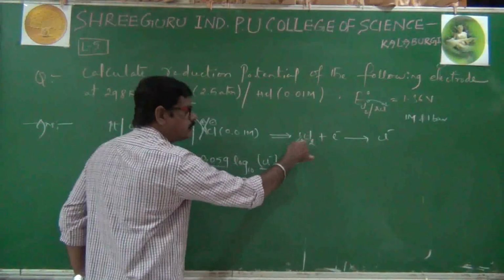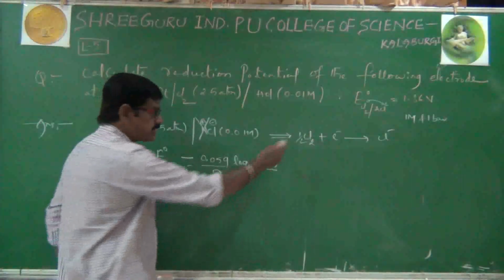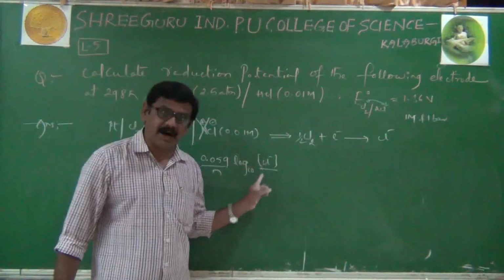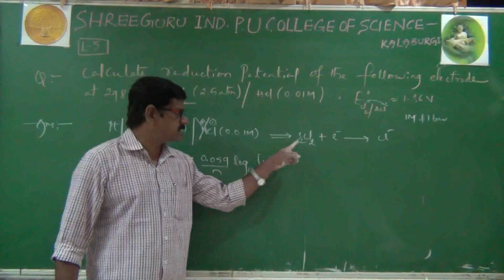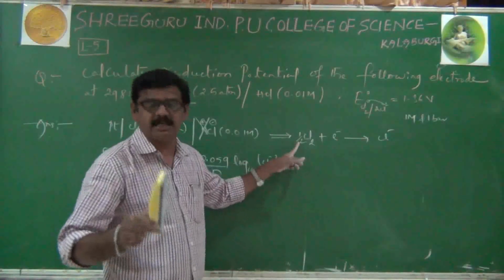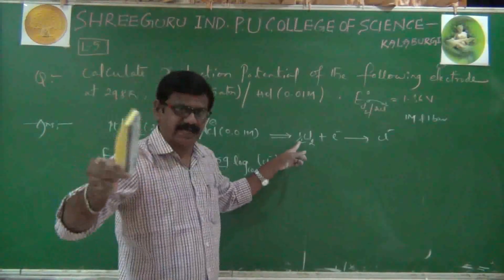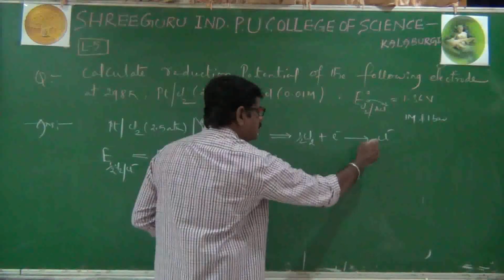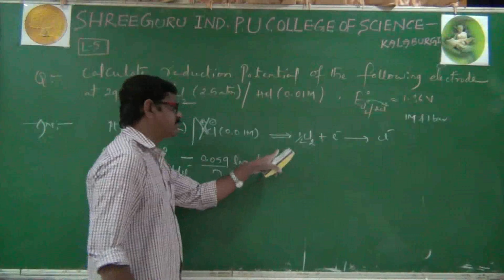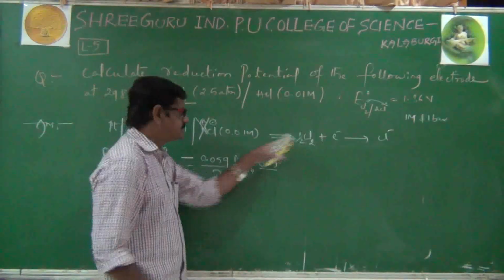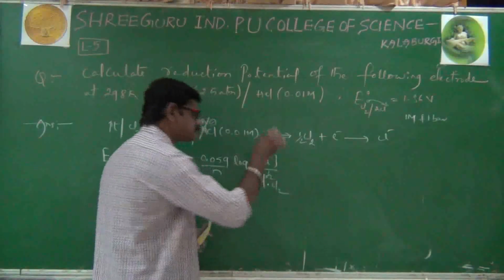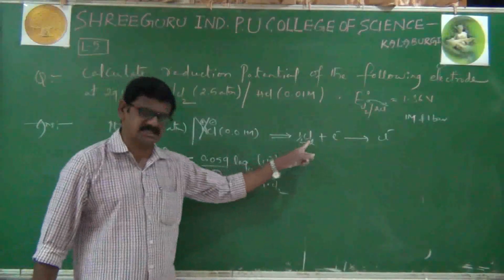Here half mole of Cl2 is there. Half mole Cl2. That's why remember, it may be concentration term or pressure term. Whatever the stoichiometric coefficient is there, that coefficient we have to write as its power. Here no any coefficient term, that's why simply we have taken 1. Here half is there, that's why we write P to the power of 1 by 2 Cl2 because it is a gas.